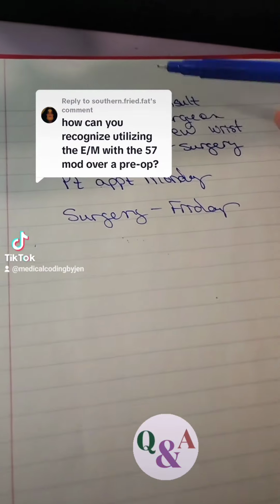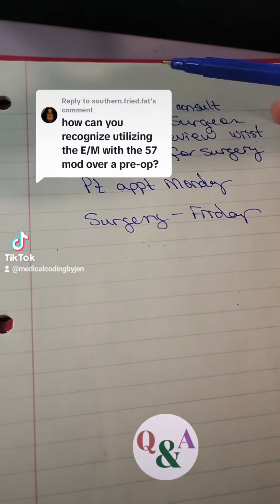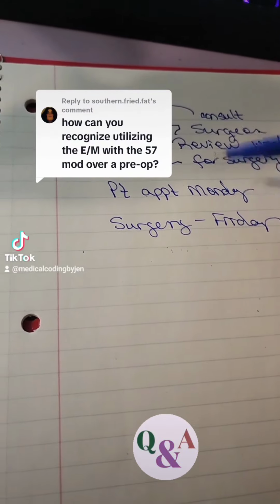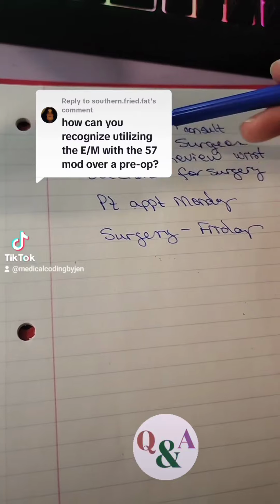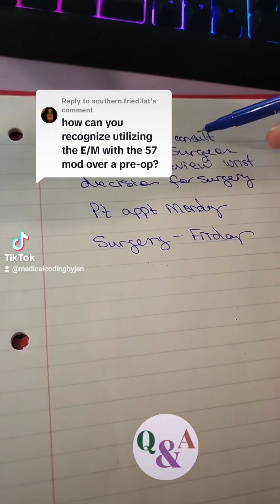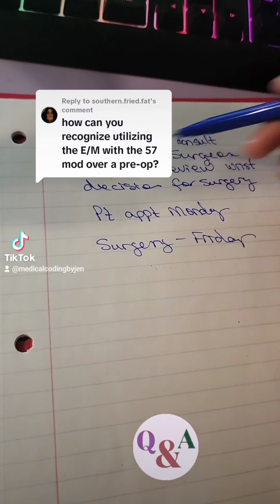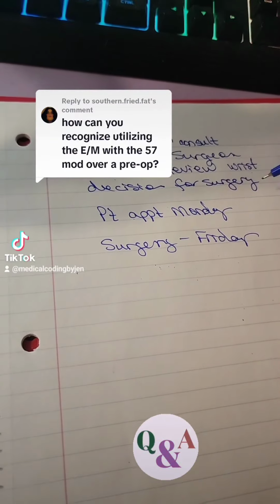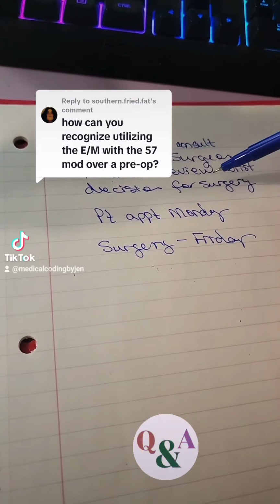But so how we would utilize this and use our E&M code with our 57 modifier, we would have the same scenario. PCP sends the patient for a consult to the surgeon, sends over the records for the doctor to review of that wrist. There is a decision for surgery.